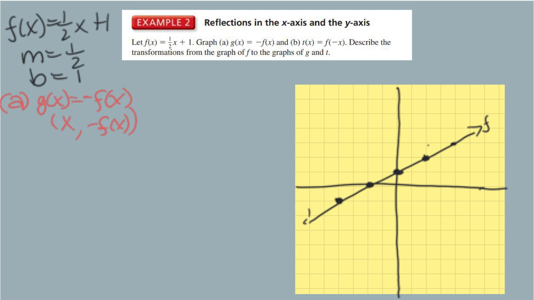This is going to be which one? My x. Let me write this here. X, which is going to give me -2, 0, and 2.